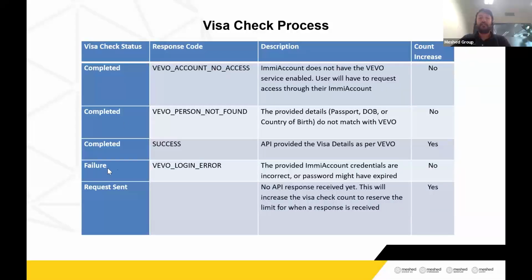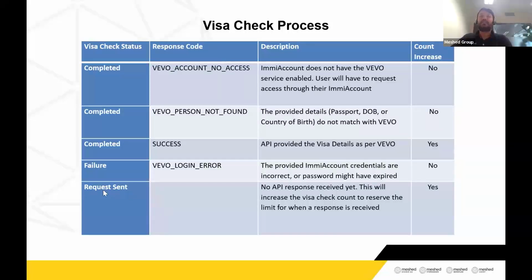In terms of failure, it could mean that your login details are incorrect. For example, your provided username or password is incorrect, or it could even mean that the password has already expired. So you have to make sure that the user credentials are correct and up to date. If they are, there won't be any issues like this one. But if you see this error, you know that the credentials or email account details have some issue, so you have to fix that.